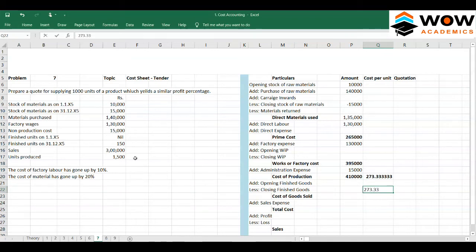273.33 into how many units is closing stock? Closing stock is 150 units. You can copy that and paste it here. This is the value of closing stock. So closing stock value is 41,000 approximately. So let's get the cost of goods sold.